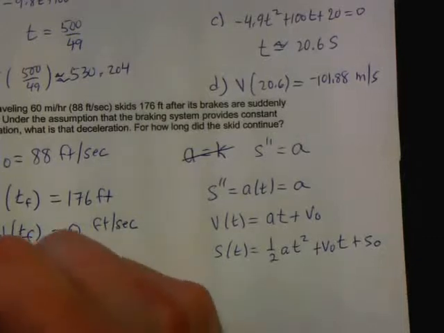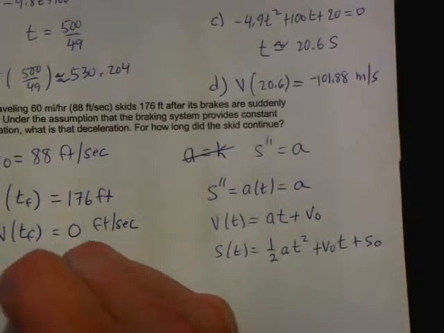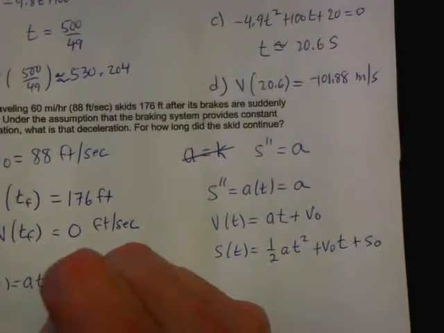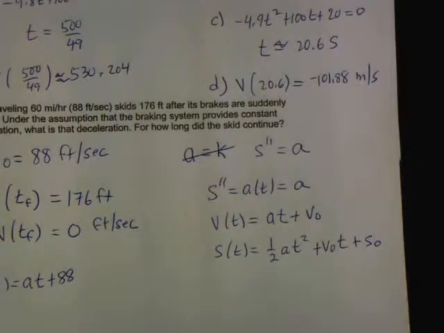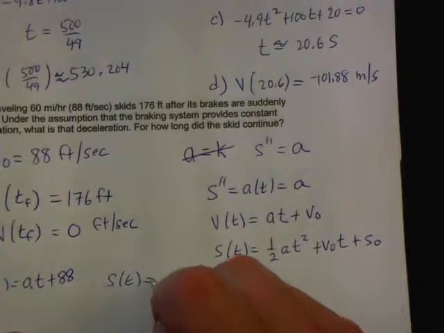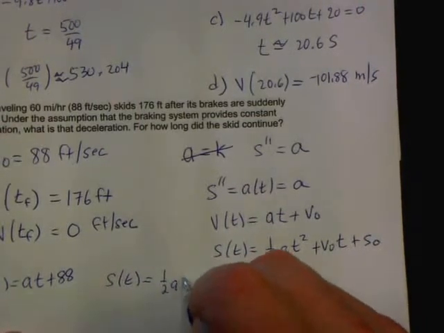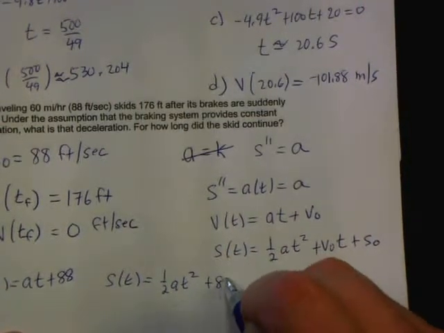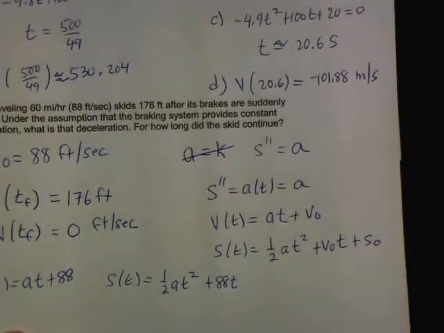All right, so that might help. V of t is AT plus 88. And S at t, I suppose, is 1/2 AT squared plus 88t.